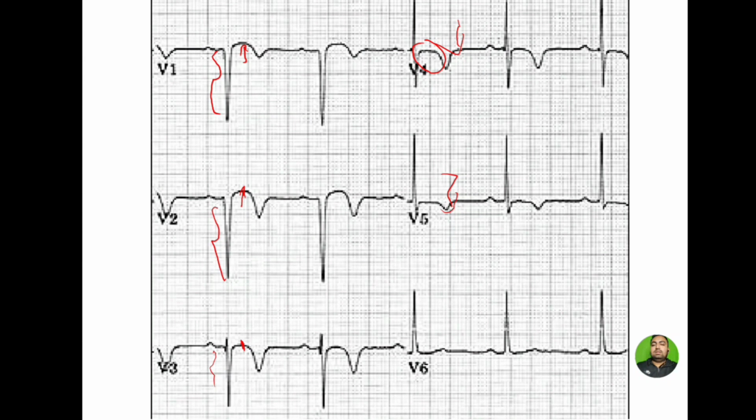You can see there are ST-T changes, ST elevation, T inversion, T inversion, T inversion, and ST segment elevation, T inversion, ST segment elevation, T wave inversion.